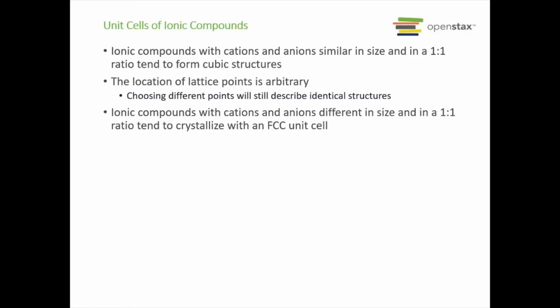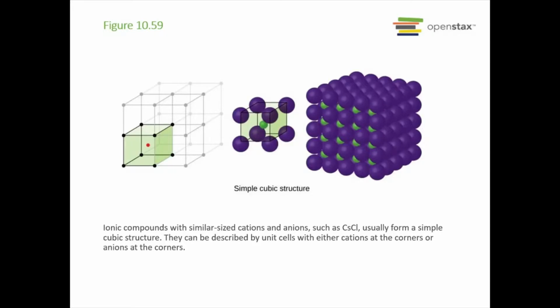If you have ionic compounds that have cations and anions that are very different in size, but still in a 1-to-1 ratio, they will crystallize with the face-centered cubic unit cell. So here's that simple cubic structure, where you have similar size cations and anions, such as cesium chloride. The unit cell can have either cations or anions at the corner. It doesn't matter, and the other one is in the center. It would be the same ratios.